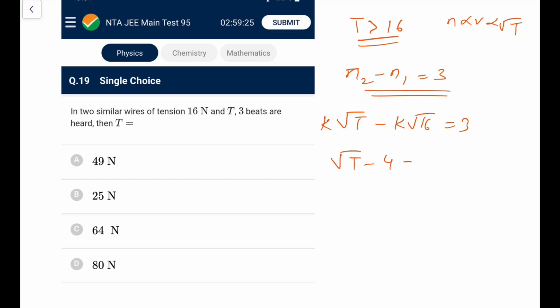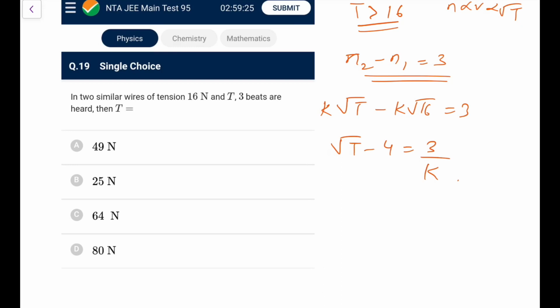So root T minus 4 should be 3 by k, or you can write it as a multiple. If I do that, 49 is 7 minus 4, that is satisfying if k is 1. 25, 5 minus 4 is 1, and 3 by k can be 3 also.